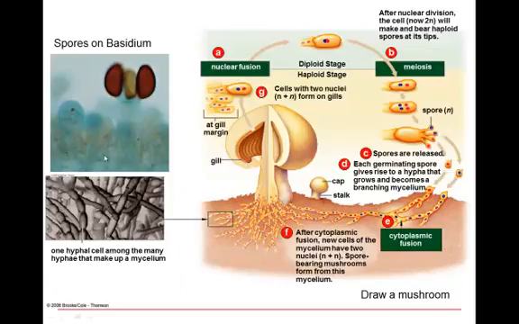And so here we can see a photograph again. This is from a light microscope, more typical of what you'd see through your microscope here in the lab. But there's the basidium, the little bump, and there are the spores.